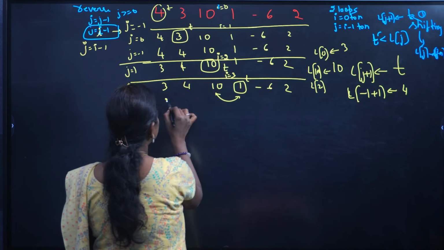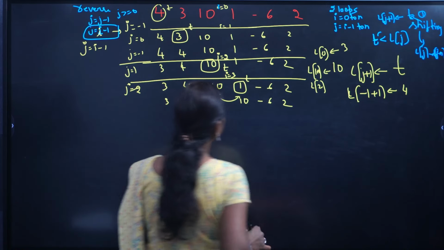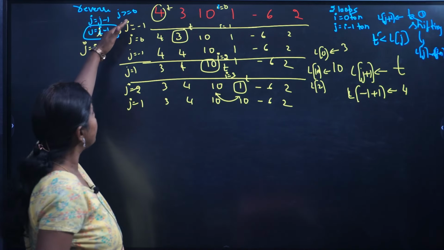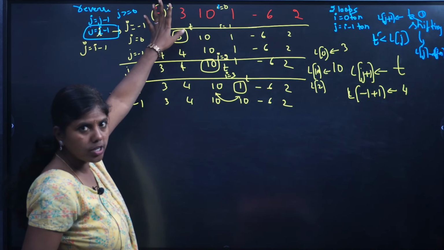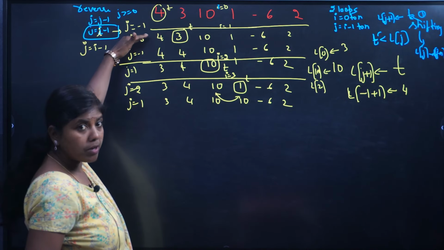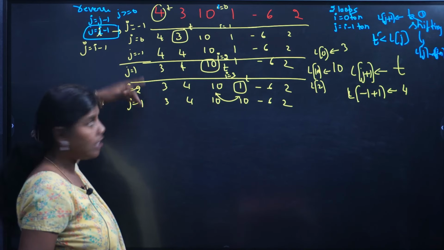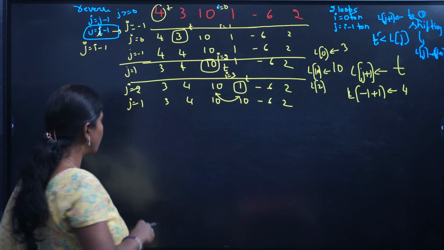That means 3, 4, 10, 10, minus 6, 2. That's going to be j is equal to 1. See, you can just see here, minus 1, the loop does not exist. From 0 it decremented, from 0 it became minus 1, decrementing the value. That's why j is equal to j minus 1. From 2 it became 1. From 1 it should become 0.